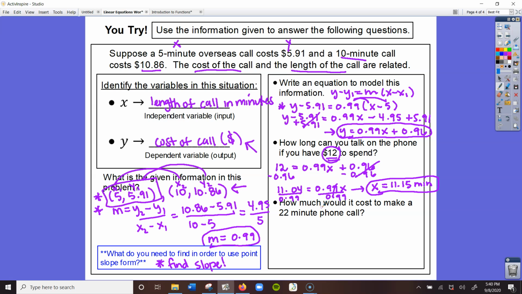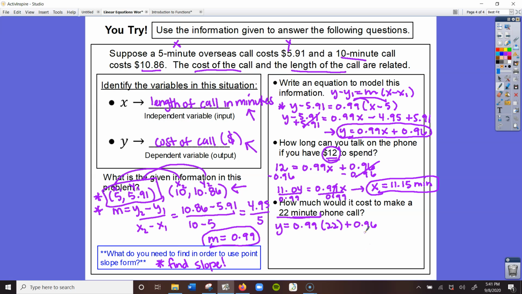Our final question here says, how much would it cost to make a 22-minute phone call? Since this 22 is in minutes, that must mean that it is an x value. So I'm going to plug it in as x. So we would get our equation, y is equal to 0.99, and instead of x, I'm plugging in 22, and then we're going to add the 96 cents. So here we go.